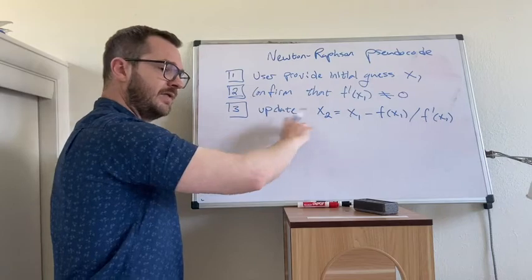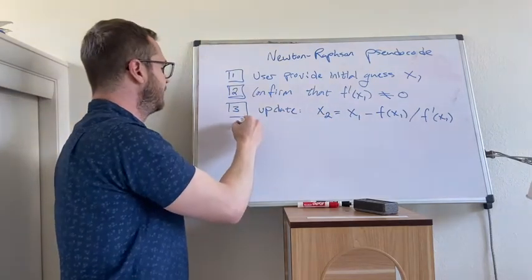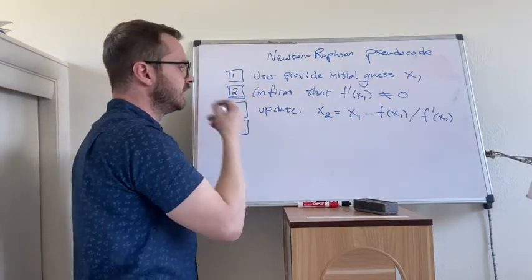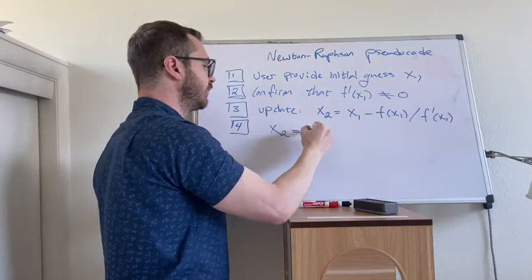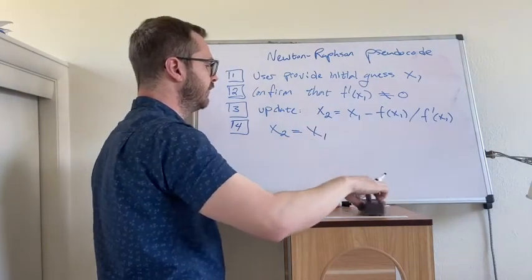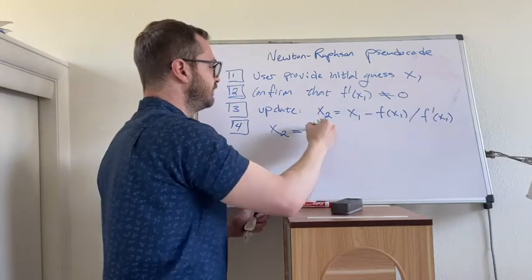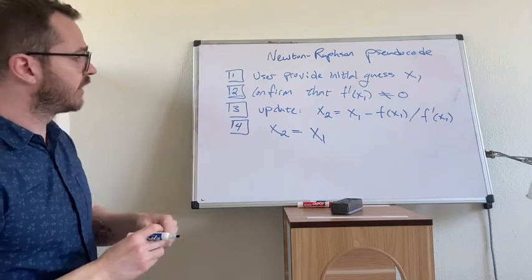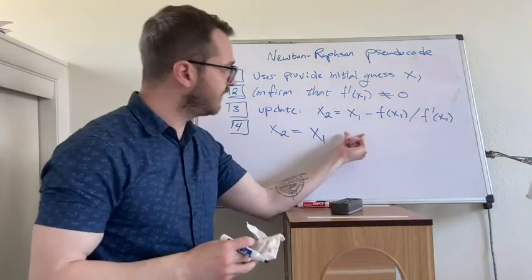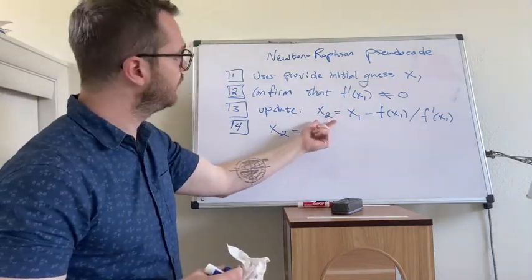Okay, so we've done the Newton-Raphson update step number 4. Let's overwrite the value of x2. All this is doing right here is we had x1 and then we went to a new x. We called it x2.